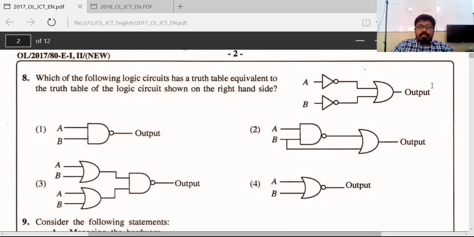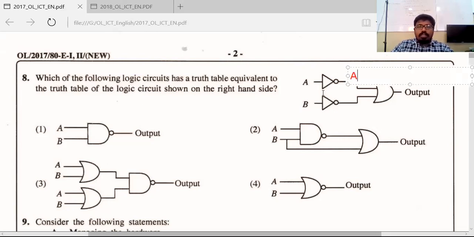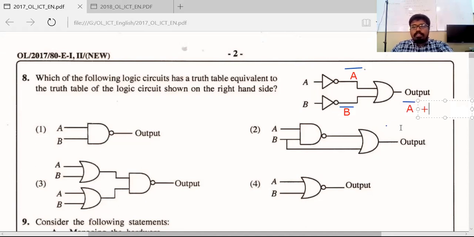Here it is A. This one will be A bar. This is B. So this one will be B bar. A bar plus B bar is your output.